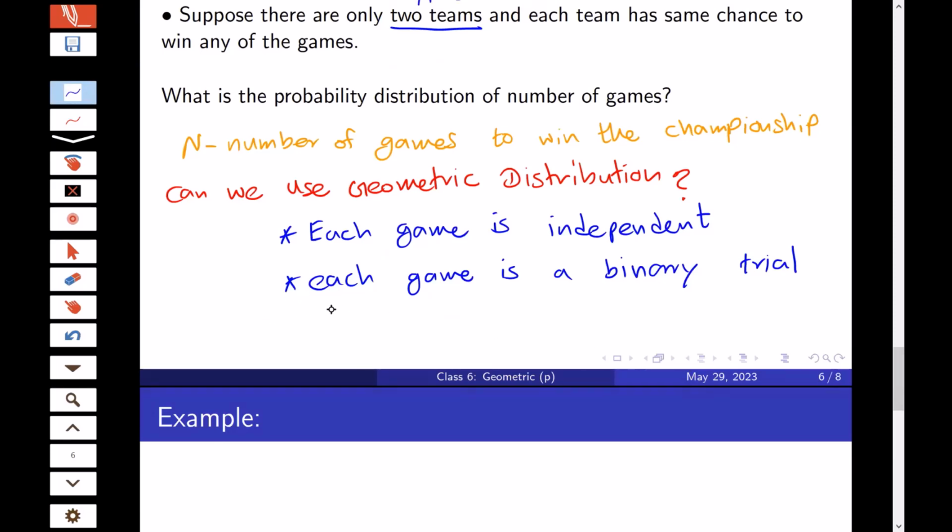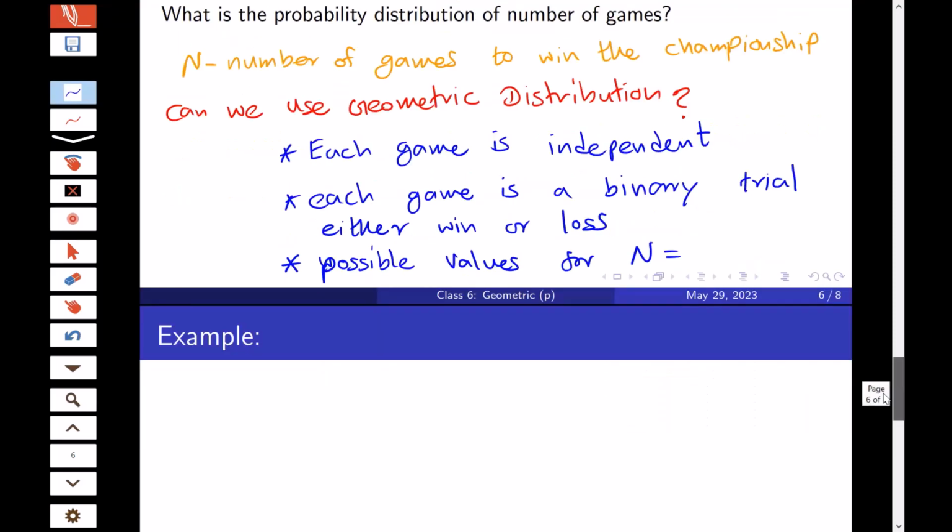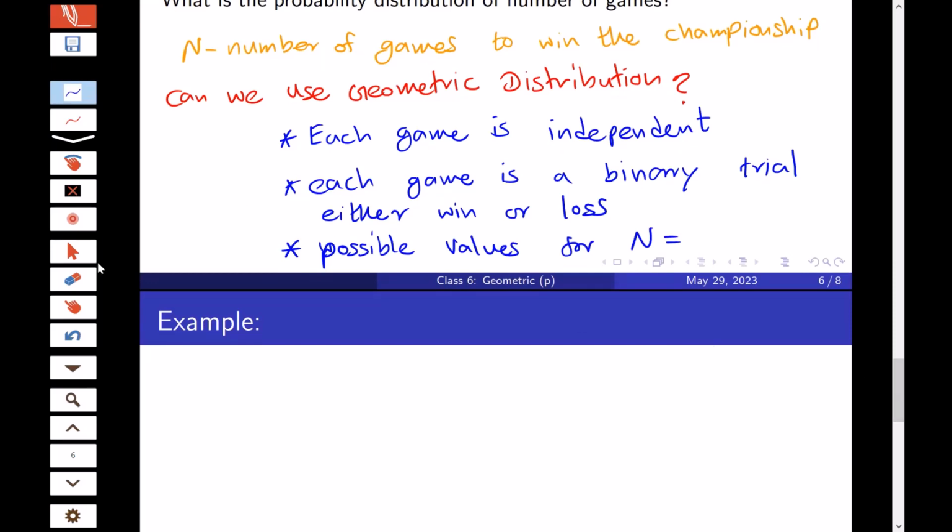Now let's see what the possible values for N are.